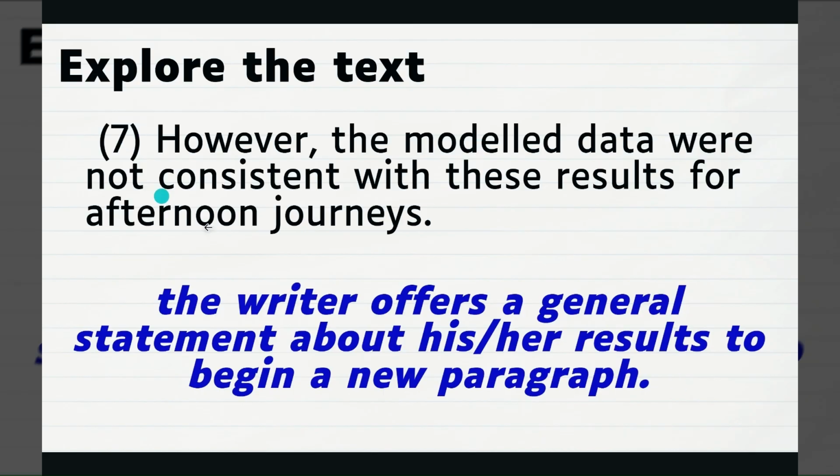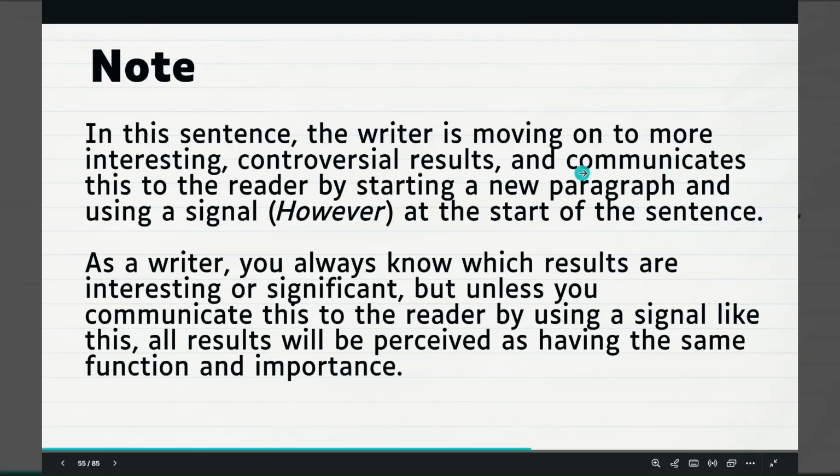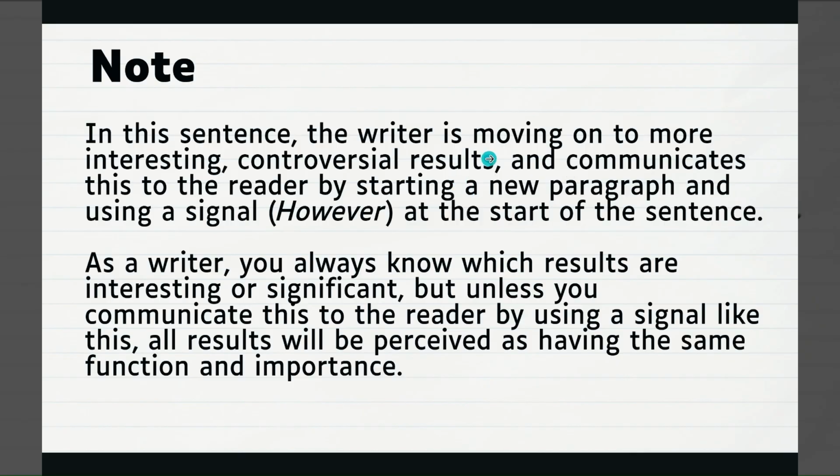This is actually, if you can recall earlier, the last sentence in the first paragraph of the text. So you probably would think of this as a transition sentence. So in this sentence, the writer is moving on to more interesting, controversial results and does so by providing a signal word, however.